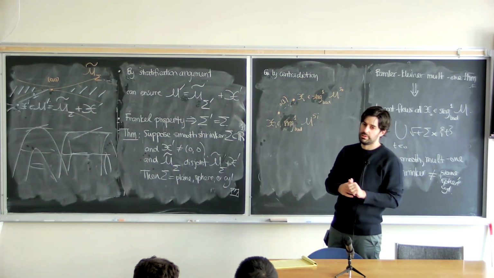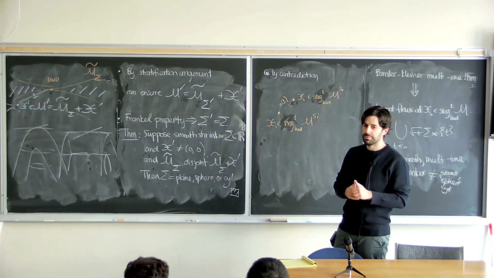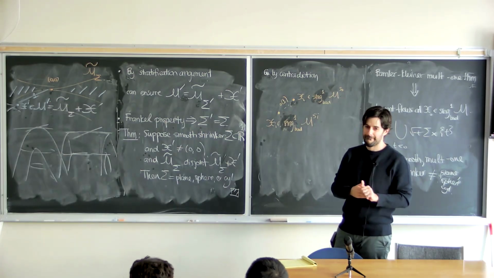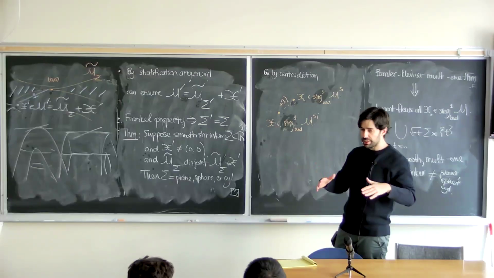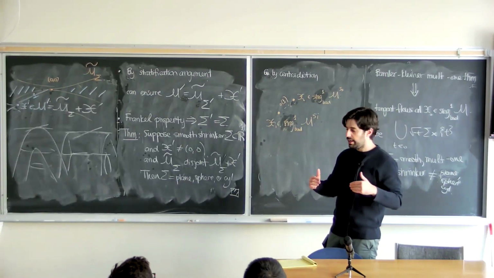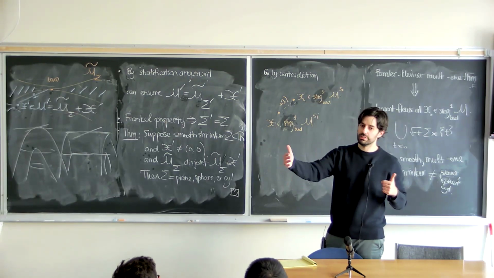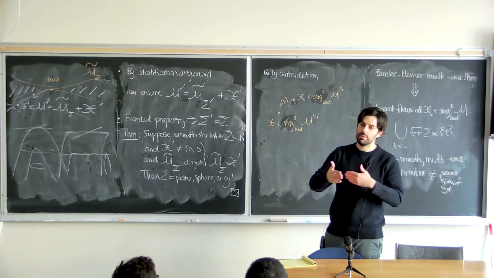And like this argument here, the Frankel property implies exactly the same. Yes. Basically, the easiest way to say it is the following. Let's say you have a shrinker sigma and another shrinker which is contained in one of the two components of the complement of sigma. Then they must be the same thing.